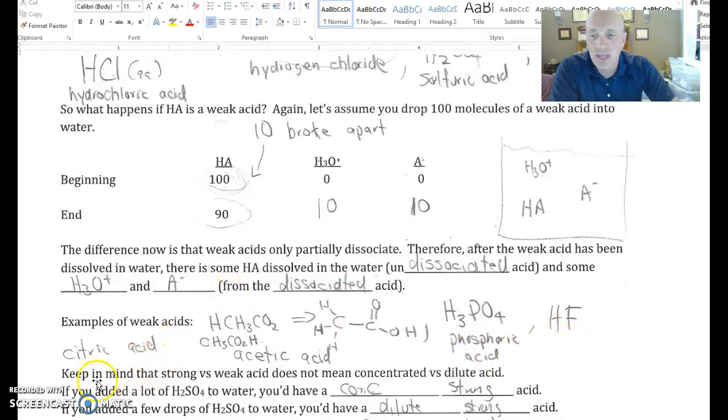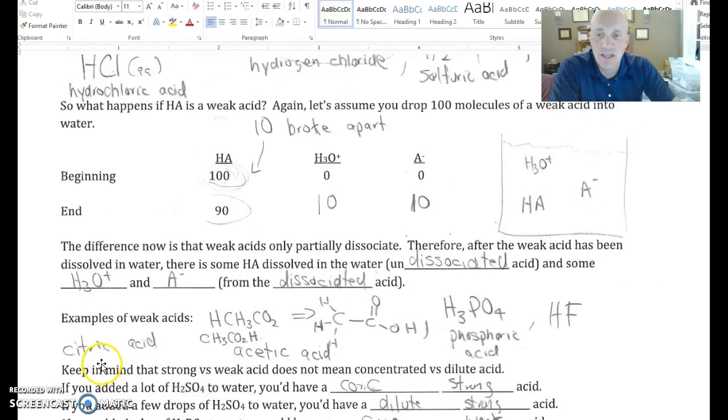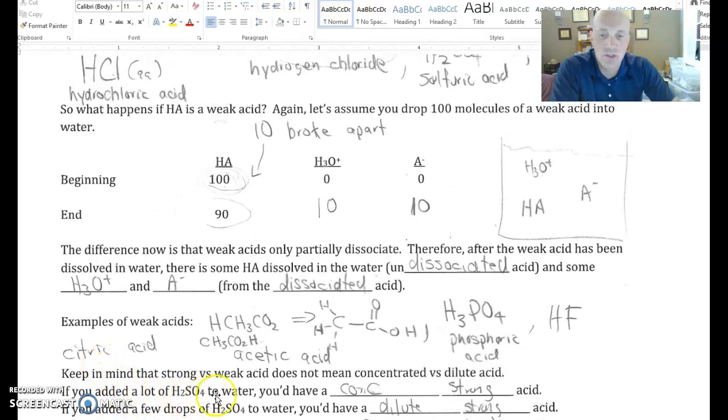Keep in mind that strong versus weak does not mean the same as concentrated versus dilute. As an example, let's say that we had a lot of H2SO4 and we added it to water. You would have a concentrated strong acid: concentrated because there's a lot of it, strong because H2SO4 is a strong acid.